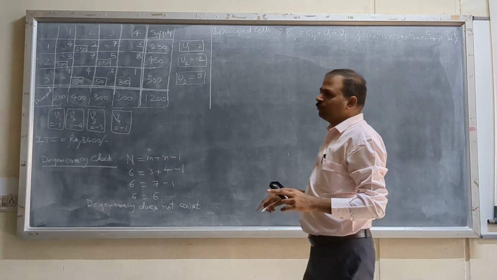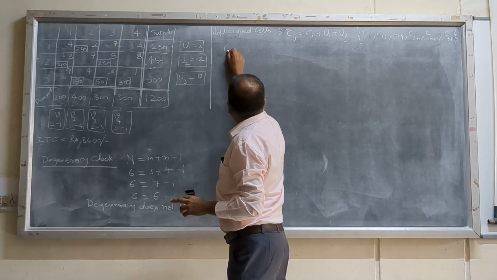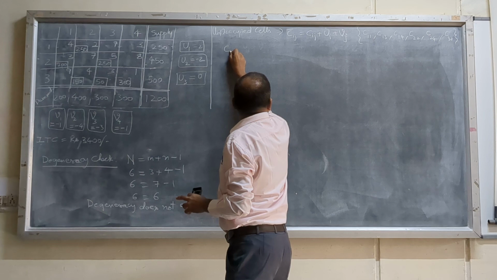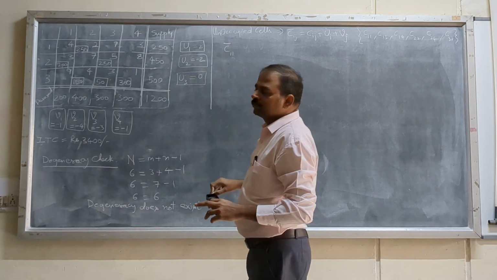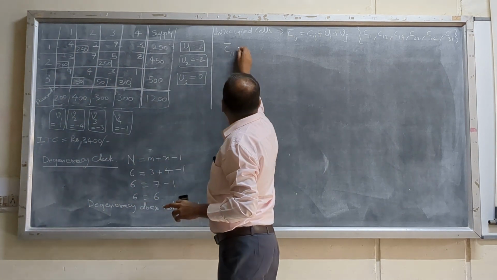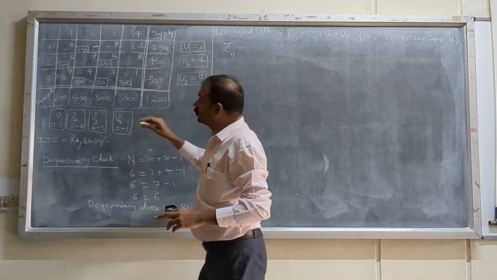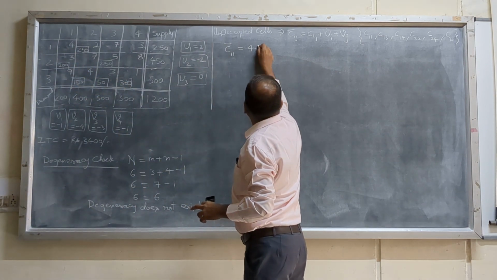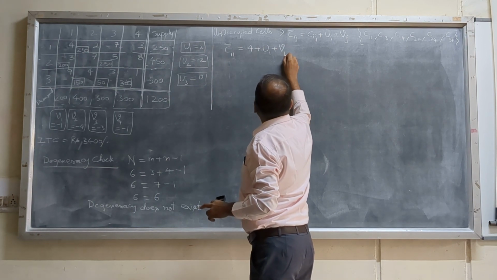Now let us start with the first. The opportunity cost for the cell C11 bar. This is an unoccupied cell, right? C11 bar is equal to the cost of that cell, which is 4, plus U1 plus V1.